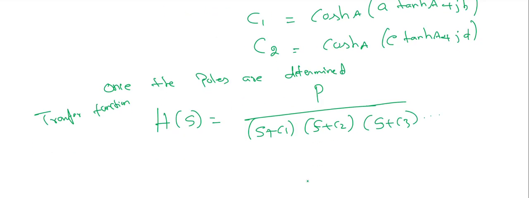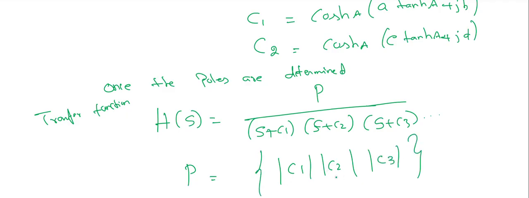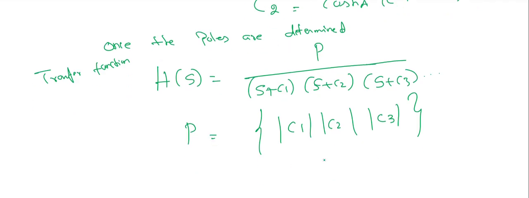So what is P? The polynomial coefficient P is equal to the product of c1, c2 and c3. Multiply these three, c1, c2, c3.